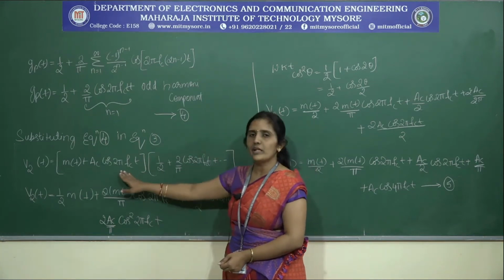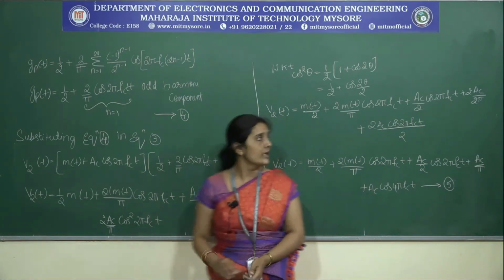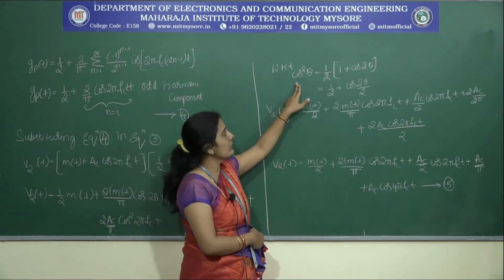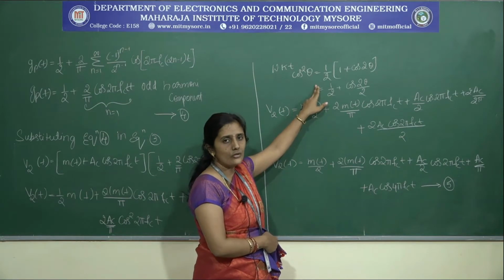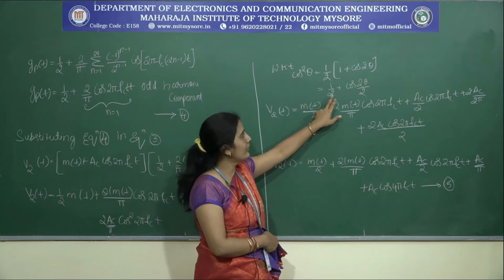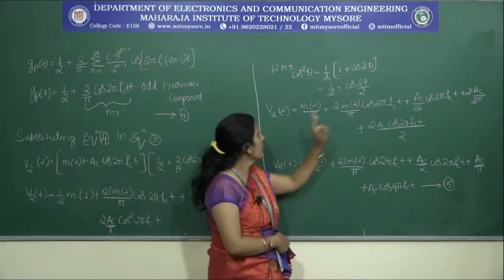We are going to multiply this term into this term, we get this equation. Now we know that cos square theta is equal to half into 1 plus cos 2 theta, this is the formula we all know. So we can write it like this, half plus cos 2 theta divided by 2.